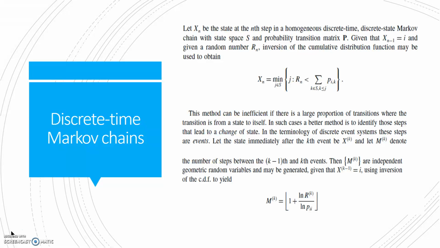For that, we can use the equation below, whereby we let the state immediately after the kth event be x exponent k, and let m exponent k denote the number of steps between the k minus 1 and the kth event. Therefore, using the inversion of the CDF, we yield m exponent k, which is equal to 1 plus ln r k over ln p sub i i.